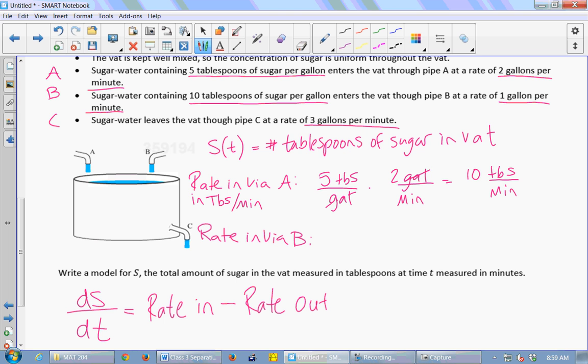The gallons cancel, so we get 10 tablespoons per minute flowing in through pipe B. So if you add the two rates, A and B, how fast is sugar entering the vat? 20 tablespoons per minute. Okay, so I'm going to add that to my differential equation.